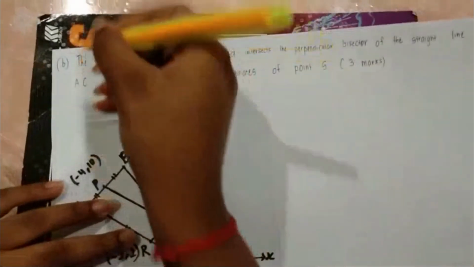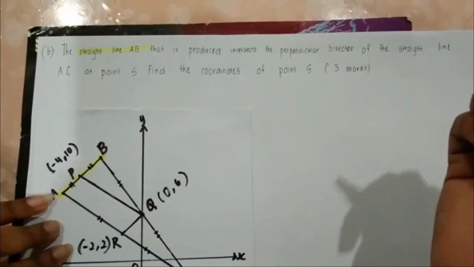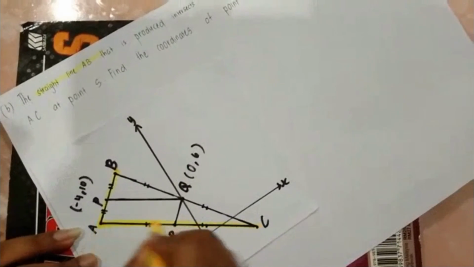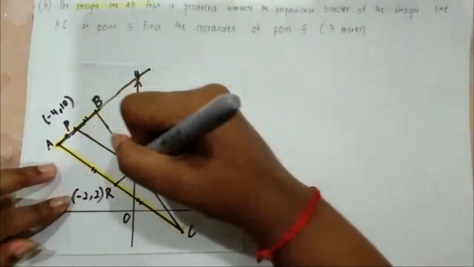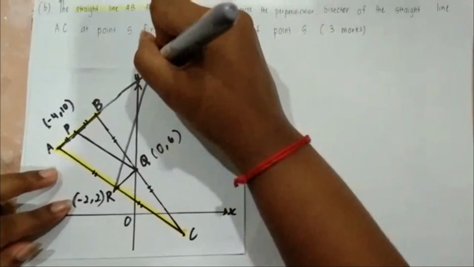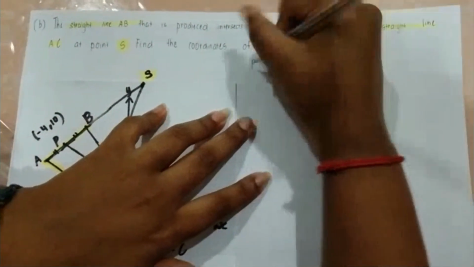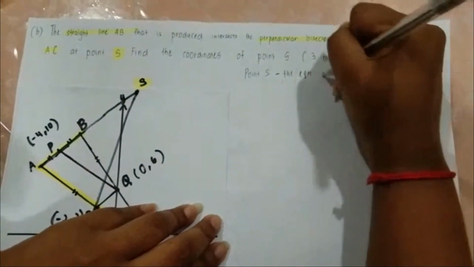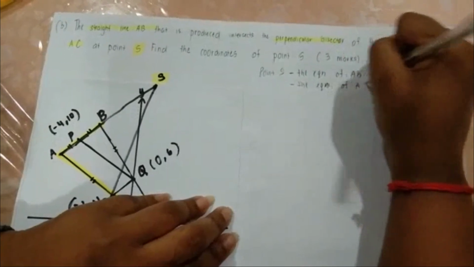Okay, for question B, straight line AB, which is this, that is produced, intersects the perpendicular bisector of the straight line AC, this one, at point S. So, if you extend straight line AB to the perpendicular bisector, you will find point S. Okay, to find point S, you have to know the equation of AB and the equation of the bisector.